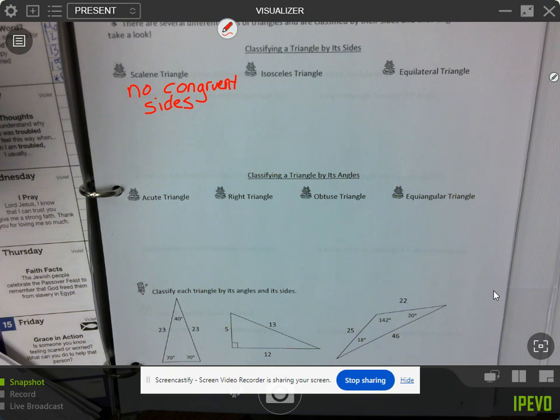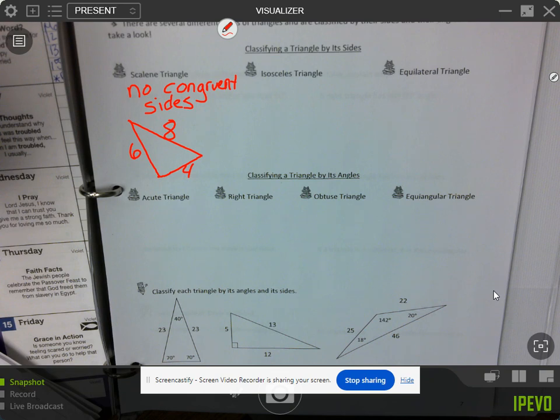So if there are no congruent sides, it means each side length is a different measurement. So an example would be something like this. So this might be 8, this might be 4, and this might be 6. They're all a different measurement. None of the sides equal each other.